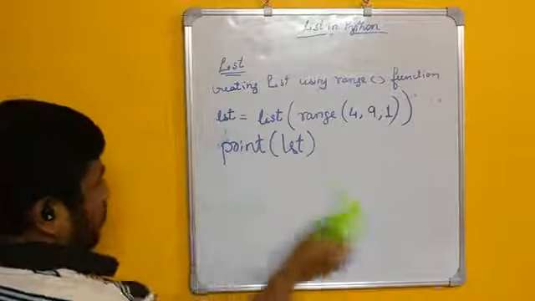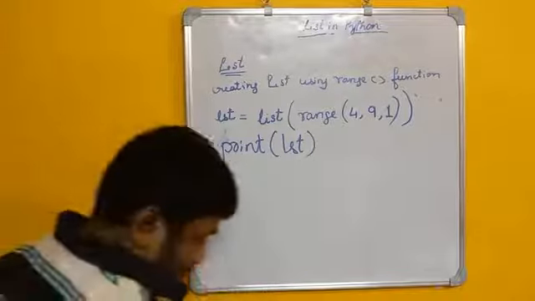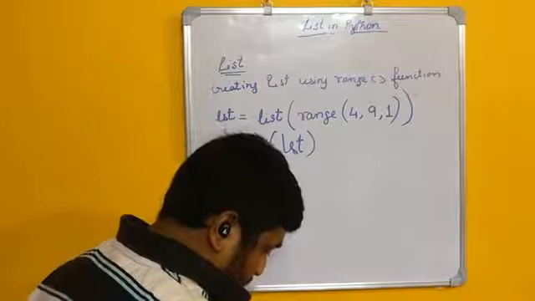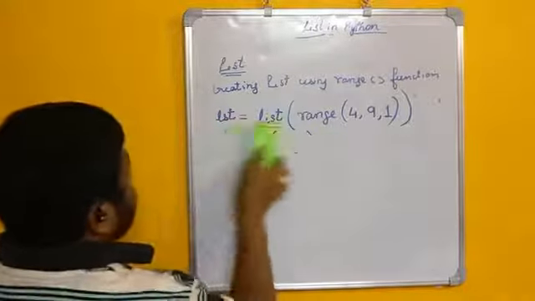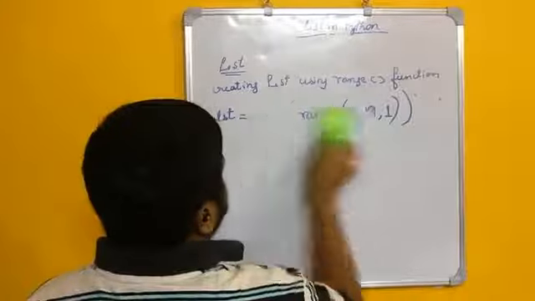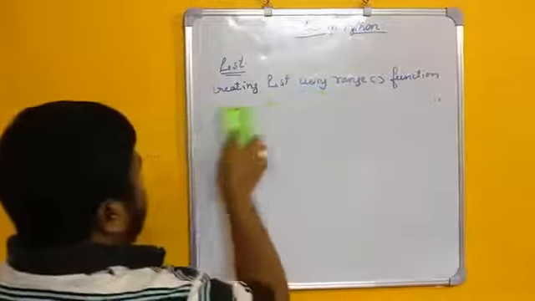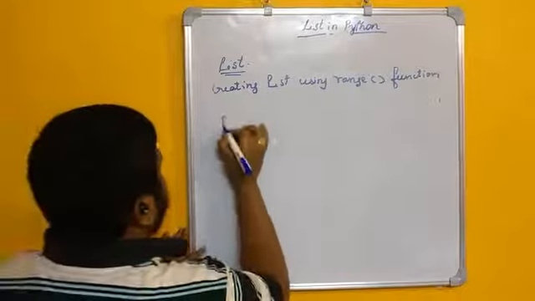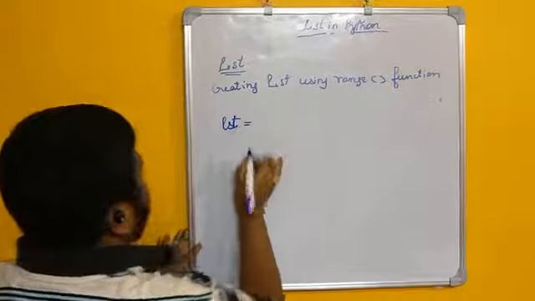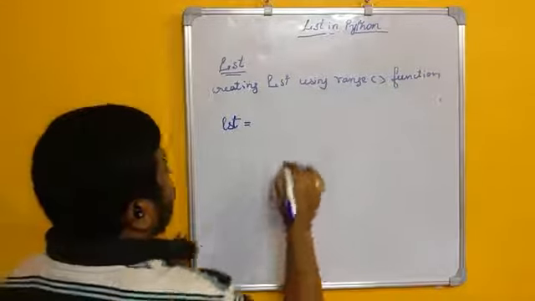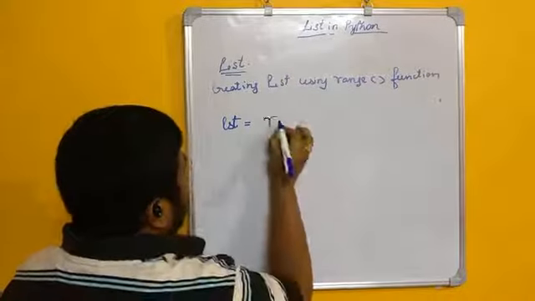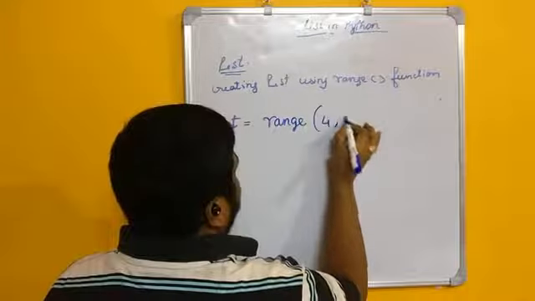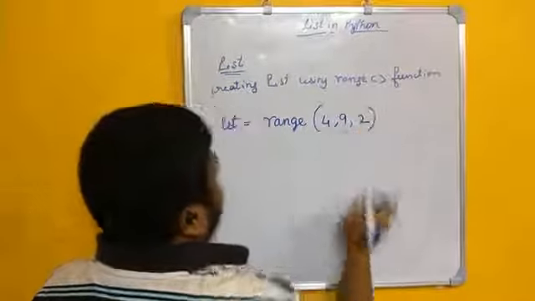See, again we will take one more example. We will say another variable, LST. LST is a variable name. So here what I will do is, is equal to range 4, 9, 2.